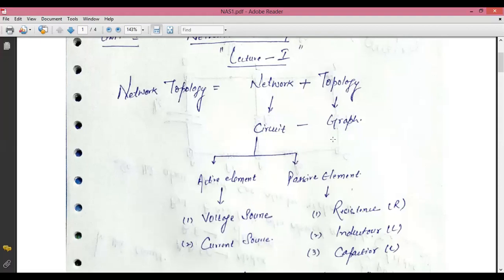These resistance, inductance and capacitance are called passive elements. That means the complete definition of a circuit is that a circuit is basically the combination of active elements and passive elements, where active elements are those which provide energy to the circuit and passive elements are those which use this energy.